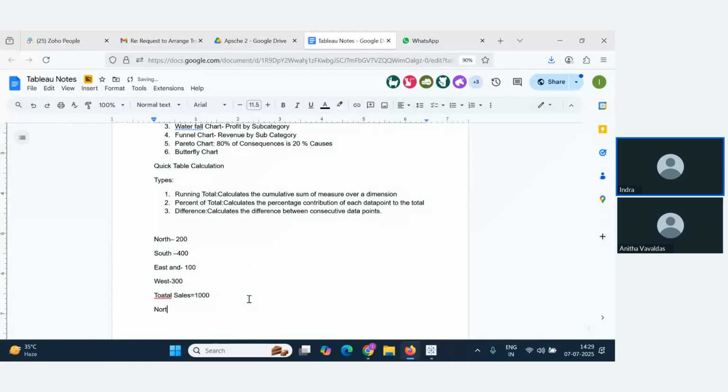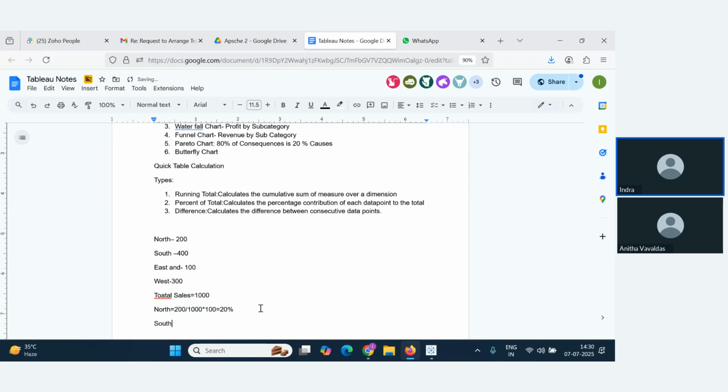For north region, you will divide 200 divided by 1000, correct? Like this, you'll get the sales share of the north region. So how much is it going to come? Is it going to come 20%? Yes or no?